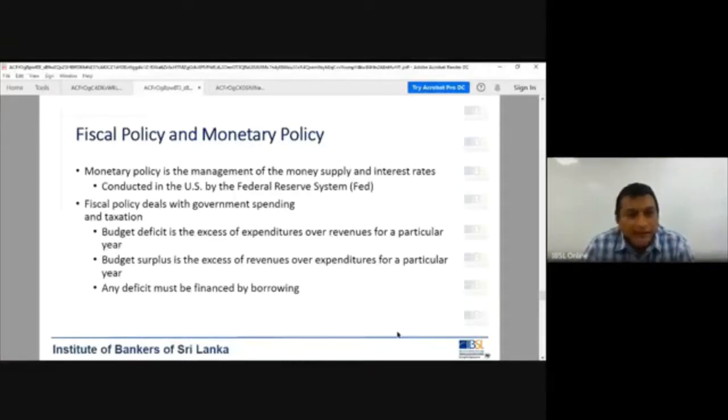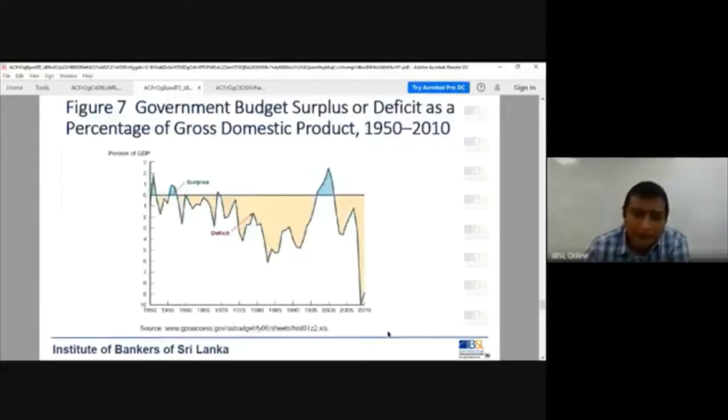Any deficit has to be financed. That financing is done through borrowing. So financial assets become a very important aspect of borrowing all around the world. You see these elements in our discussion all throughout. These are the areas that we will be looking at, along with some empirical evidence on how the deficits in the US became surpluses at different times, and deficits increased substantially during crisis periods like the financial crisis.